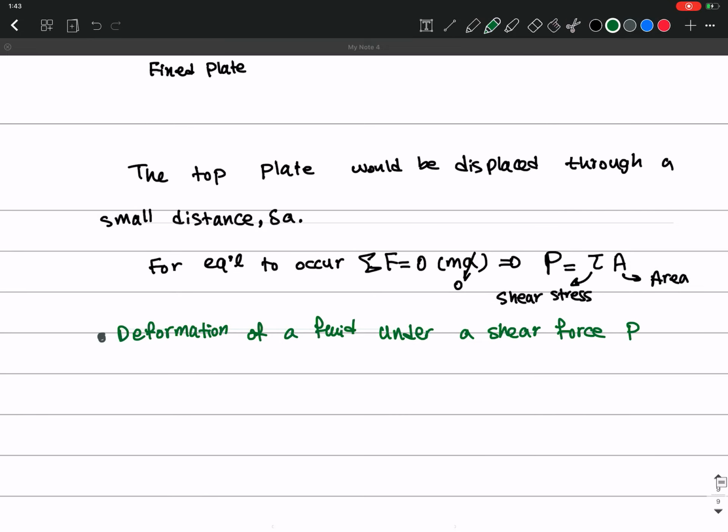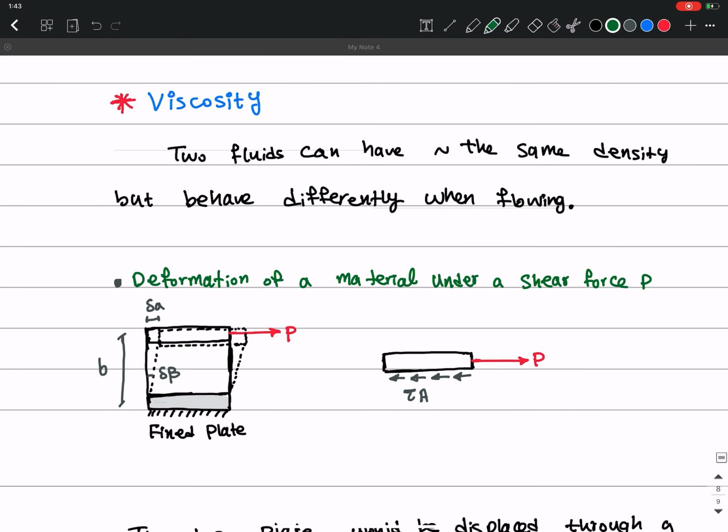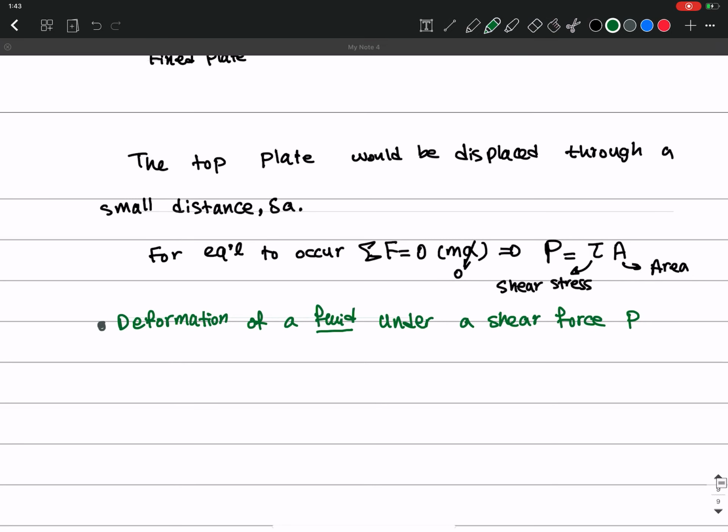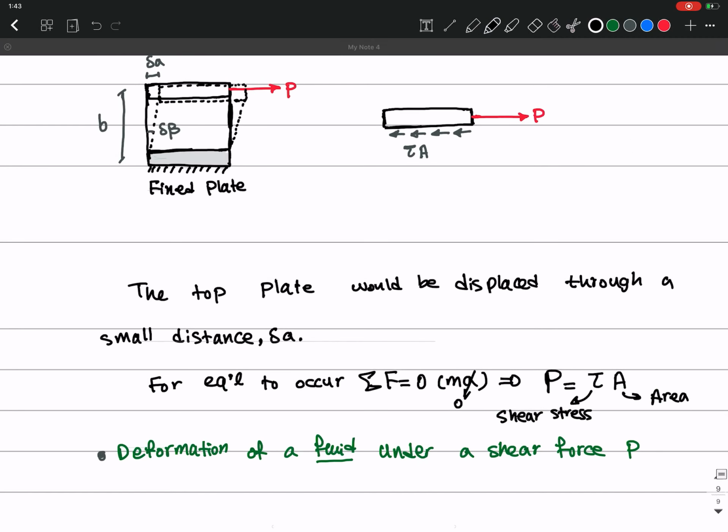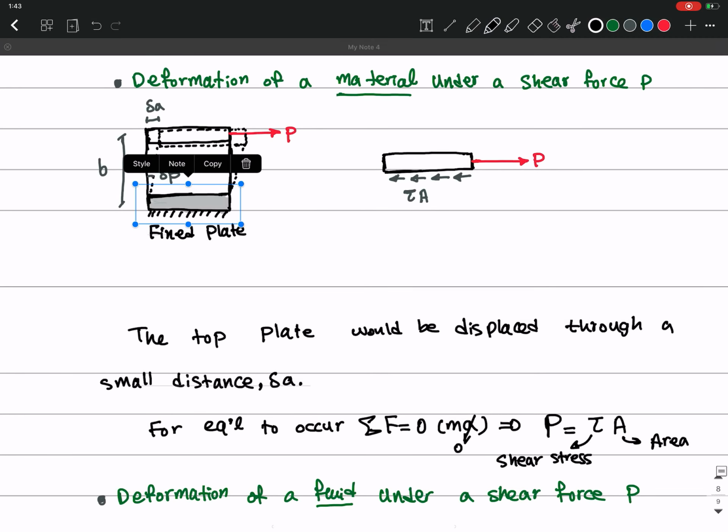So the difference is in fluid, and here we had solid material. Let's see what happens now.